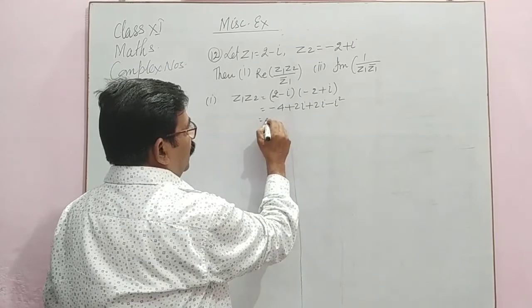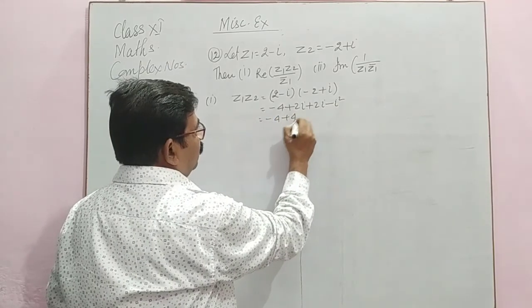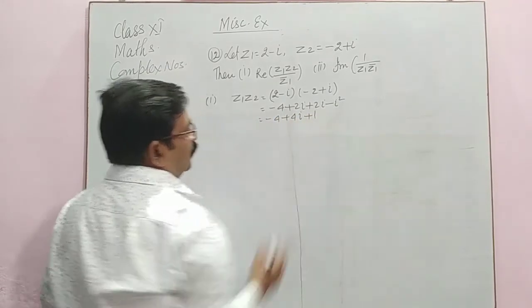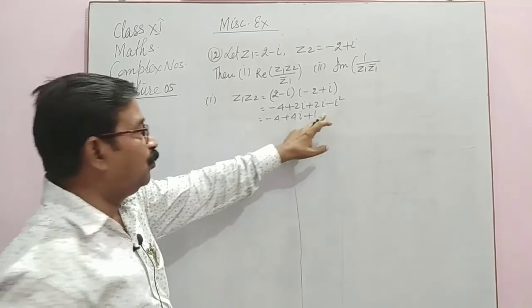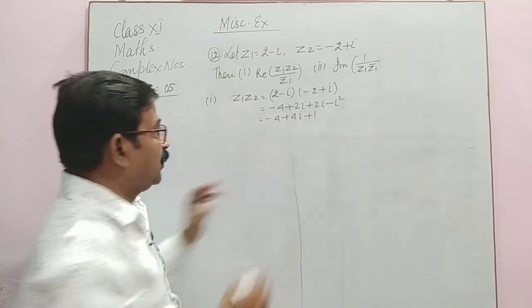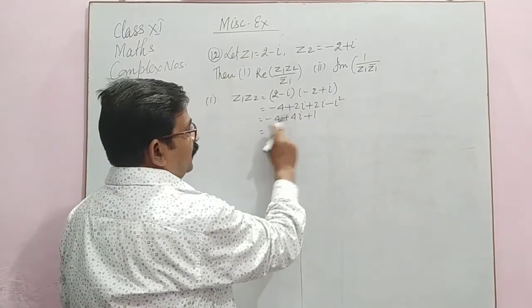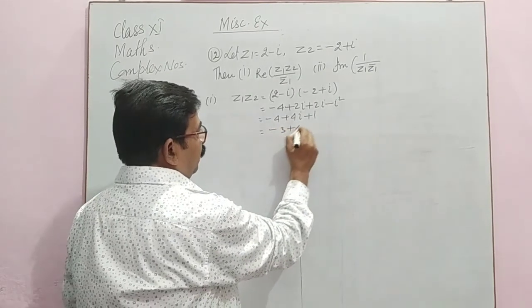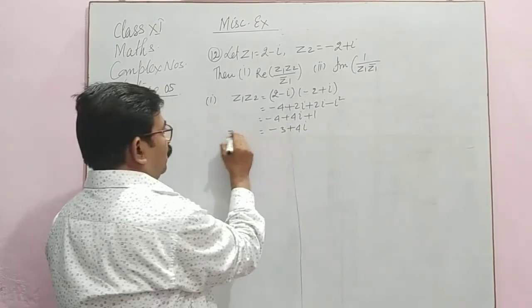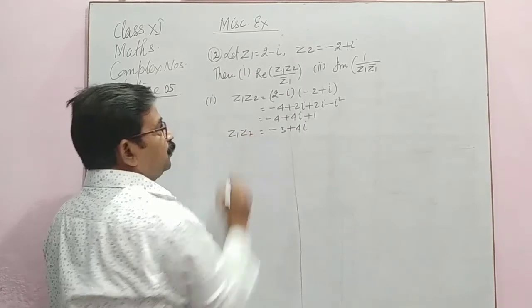So we have −4 + 4i + 1, since minus i² is equal to plus 1. So we have −3 + 4i. This is the value of z1z2.